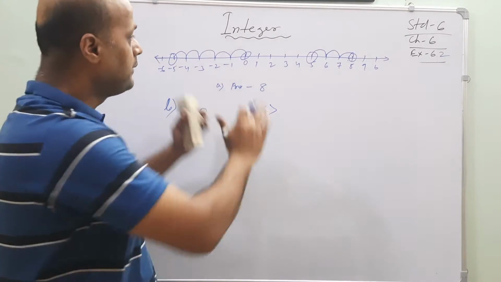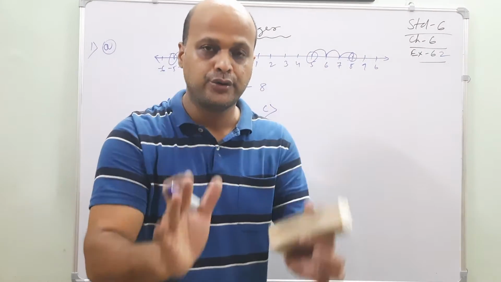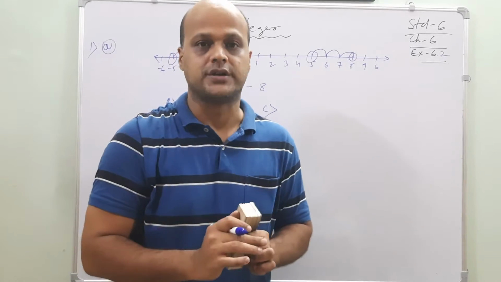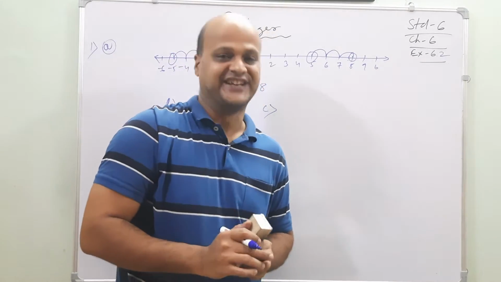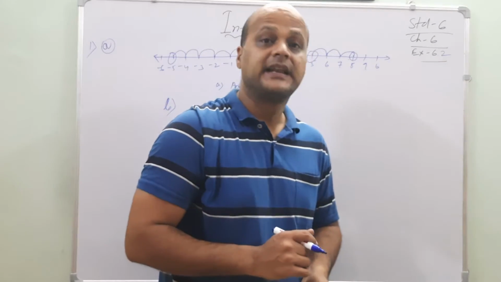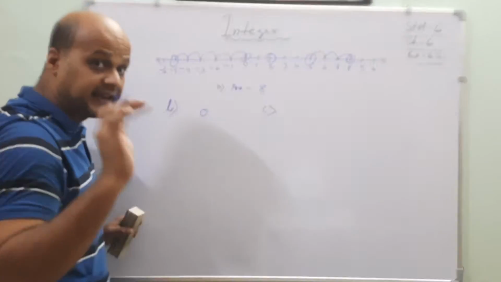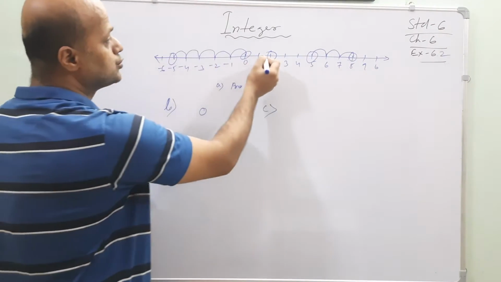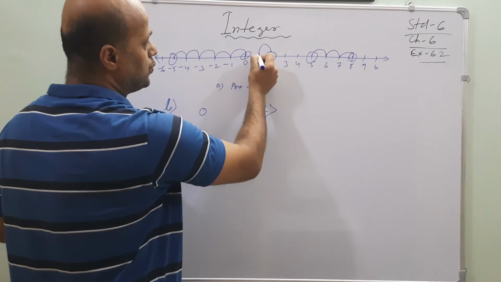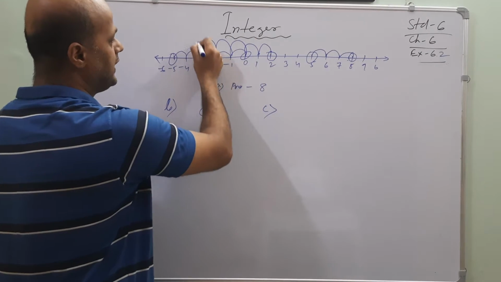What is the third one? My dear friends, I am using the same number line, but for each question you have to draw a new number line and show it. Understood? Okay, very good. The third one is saying 6 less than 2. 6 less means it is a decrease, so it will go towards minus: 1, 2, 3, 4, 5, 6.